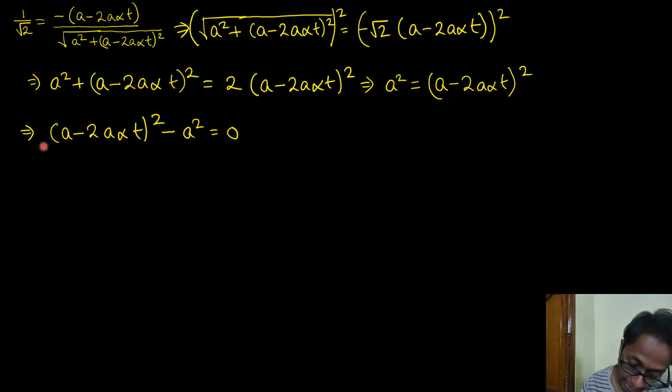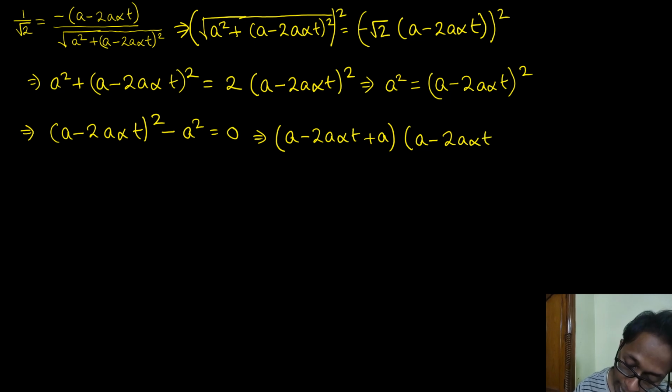Now can I write this equation as a square minus b square? So if I write this equation as a square minus b square, what will it be? The equation will be (a minus 2a alpha t plus a) into (a minus 2a alpha t minus a) is equal to 0. So out here there are two roots of this equation.